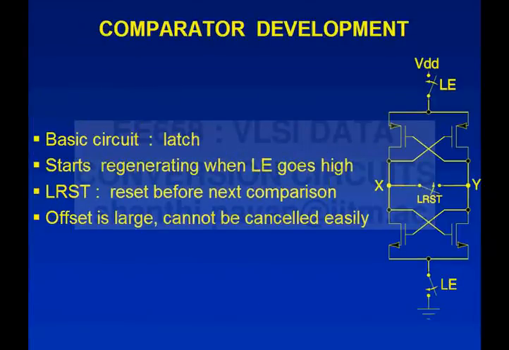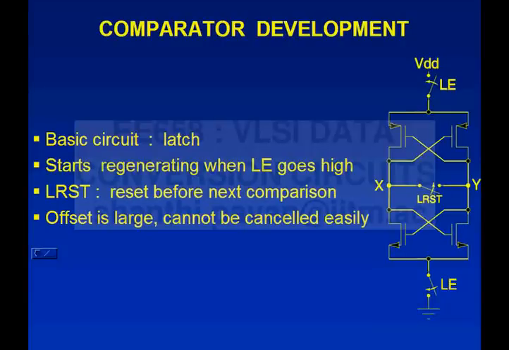So before I go to the details, this is the comparator, same old stuff. The advantage of using a comparator like this rather than something with simplified clocking is the fact that the dynamic offset of this comparator, as you've seen in your assignments, can be a lot smaller than in a whole bunch of other comparators, where the two regenerating nodes begin their life at VDD and then regenerate.